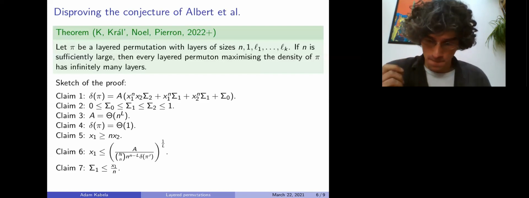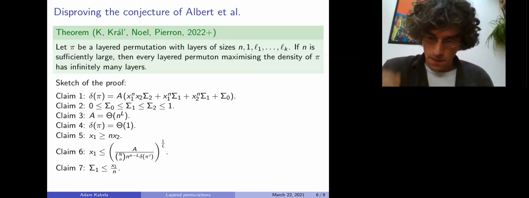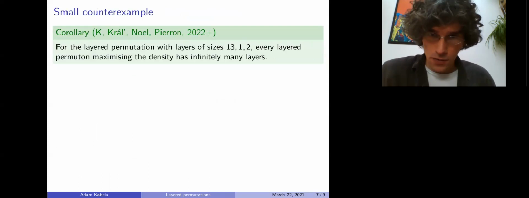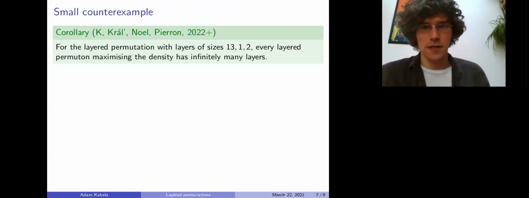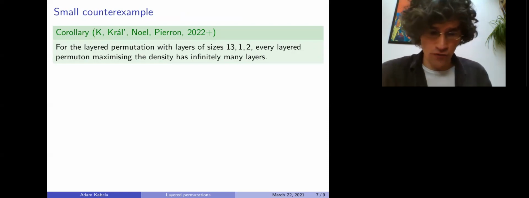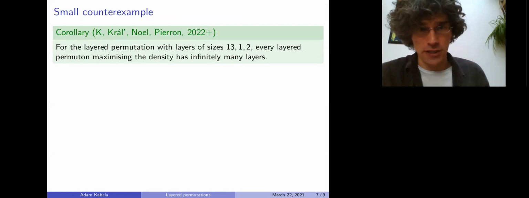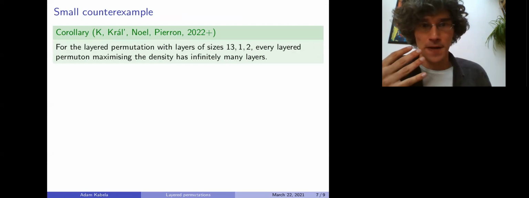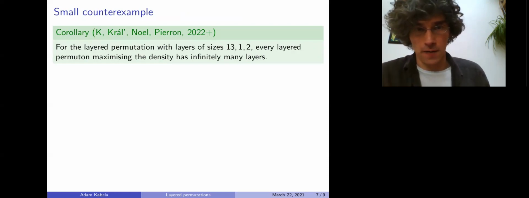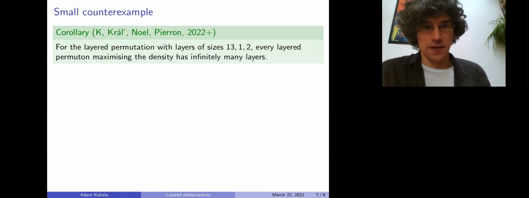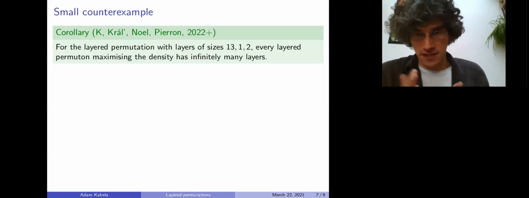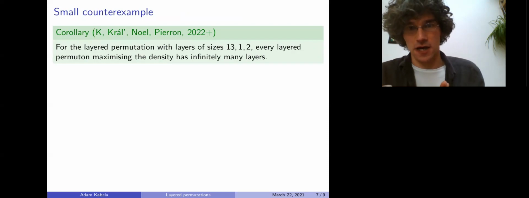Now, inspecting the proof in a little bit more detail, it actually gives a particular, relatively small example of a layered permutation for which the number of layers of its maximizers goes to infinity.